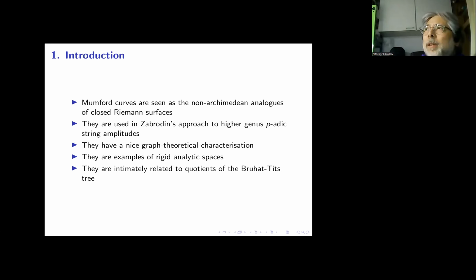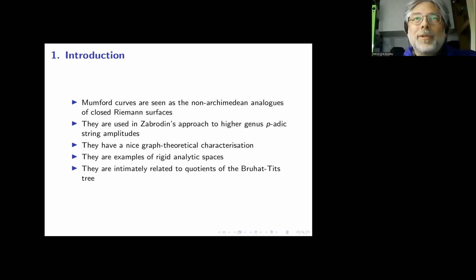That was in the end of the 80s, early 90s, in order to calculate higher genus string amplitudes in this context. I will not go into the details of this today, but the Mumford curves have a nice graph theoretical characterization, as I just said in the very beginning.